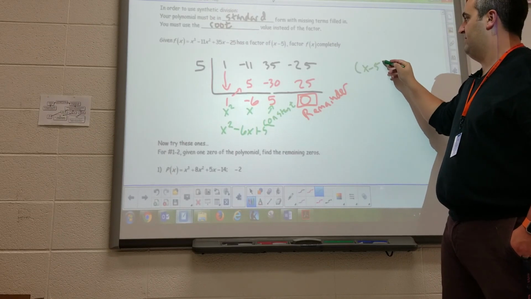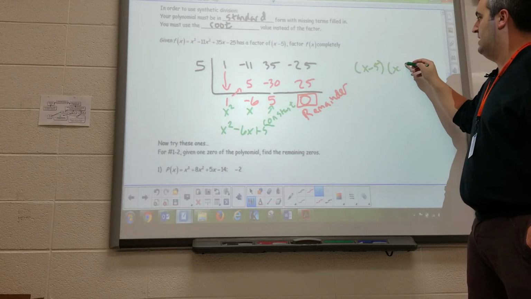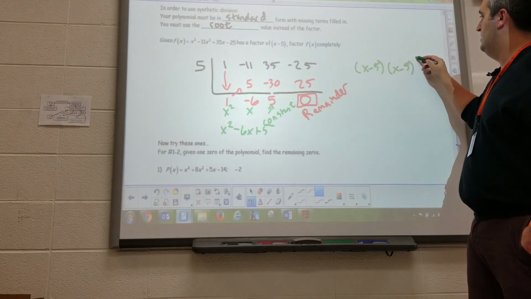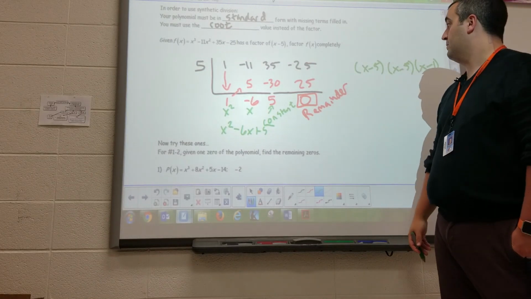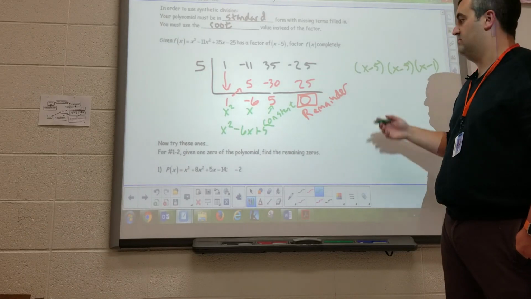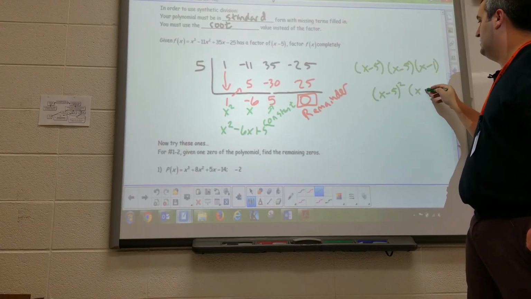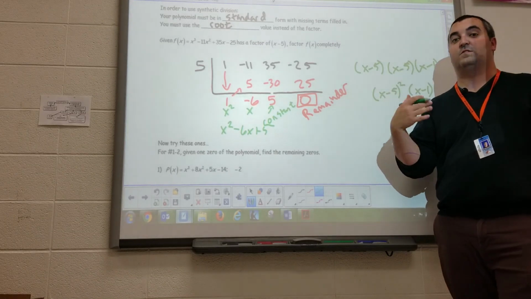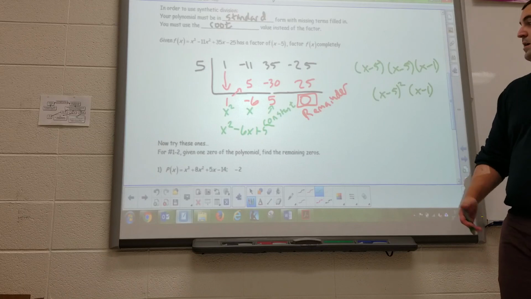So we write that factor, then we write the 2 factors that come from here, x minus 5 and x minus 1. One thing I didn't mention up above was because we have 2 factors that are the same, you could write it as x minus 5 squared times x minus 1. Okay?